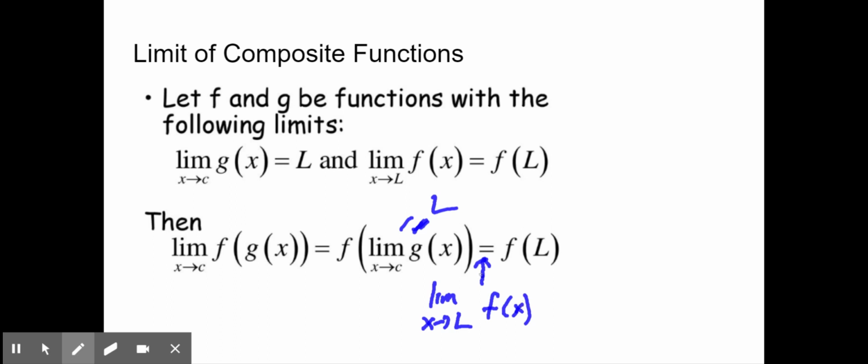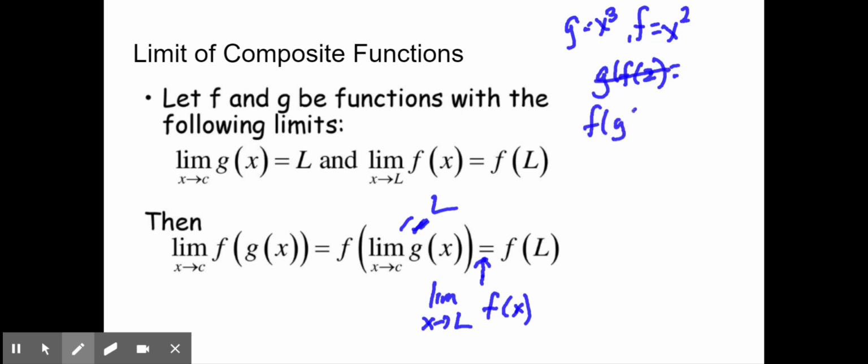Because if you think about our example that we did a moment ago, we had g equal to x cubed, and f equal to x squared, and we calculated f of g of 2. I know I could have erased that, but the eraser's all the way down there. So g of 2, we did that first.